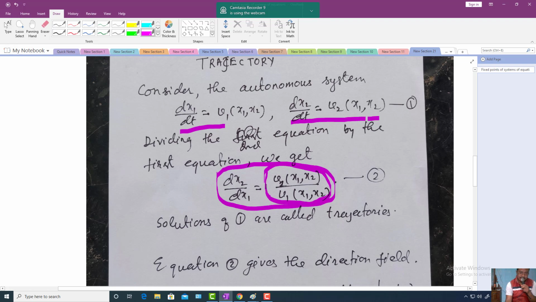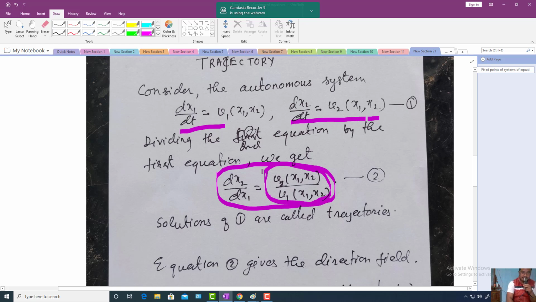Then you can roughly understand the direction of the tangent vector of the curve x2 equal to some function of x1. At every point you can use a computer to evaluate those directions. The totality of this field we call the direction field of the given system of differential equations.